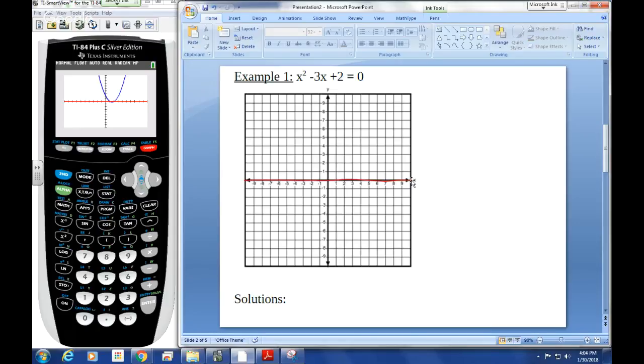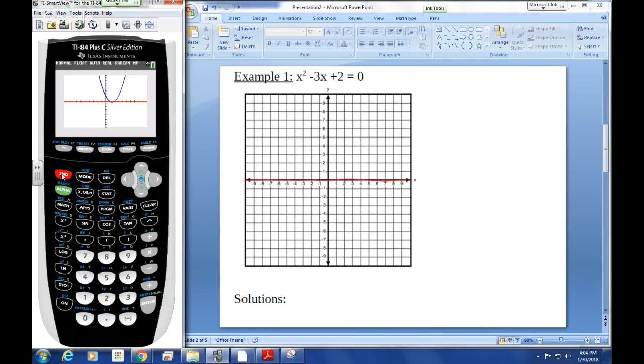So what I was saying before, you hit second, and above trace it says calc. So it's second, calc, 5. When you press 5, it goes right to this intersect option. It's going to try to find the intersection between these two lines. Here you're on the first line, enter.